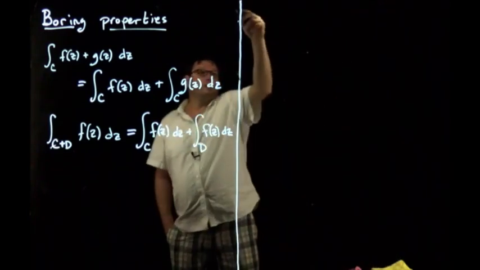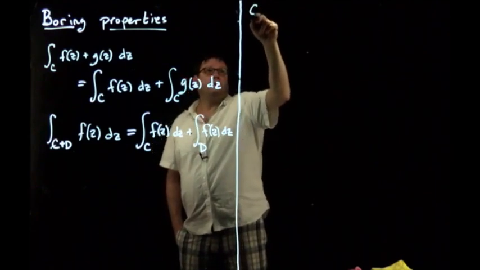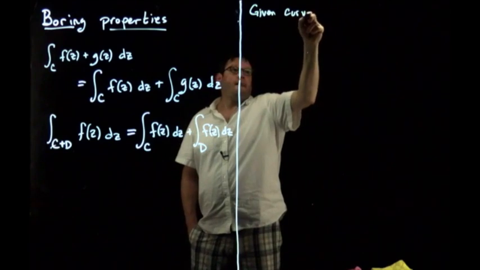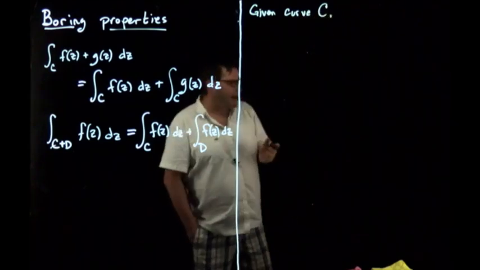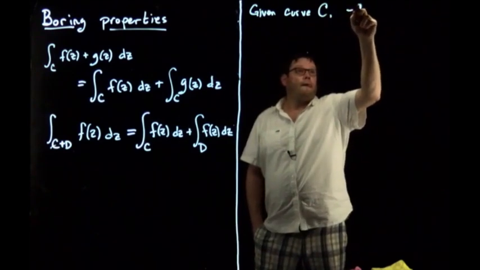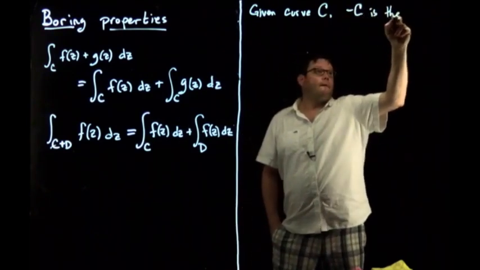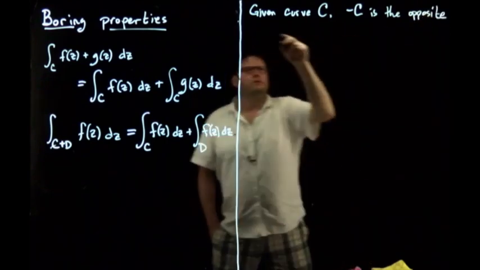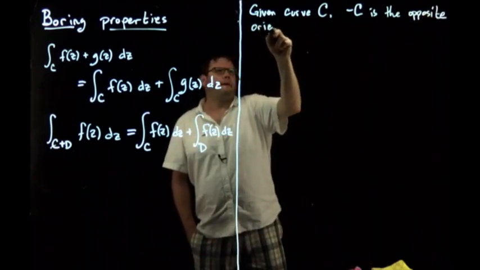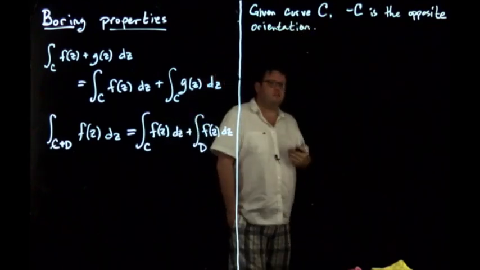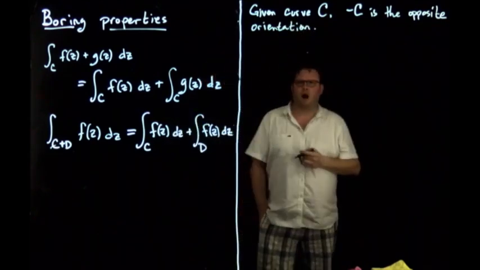So let's say we've got a curve C. The negative of C we will denote by minus C. Minus C goes through exactly the same points as C, just in the opposite direction.